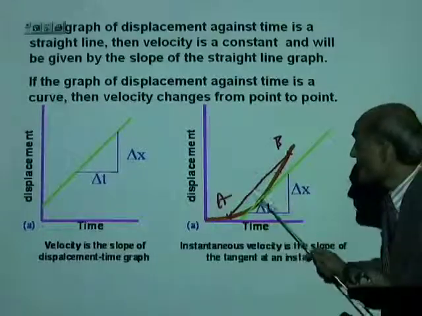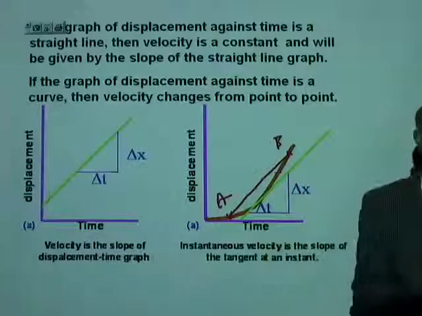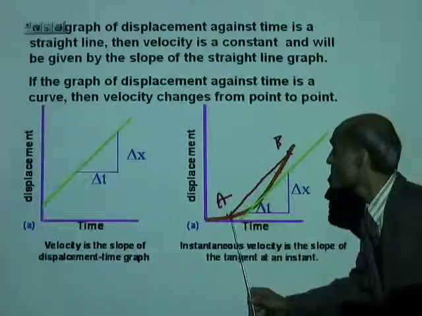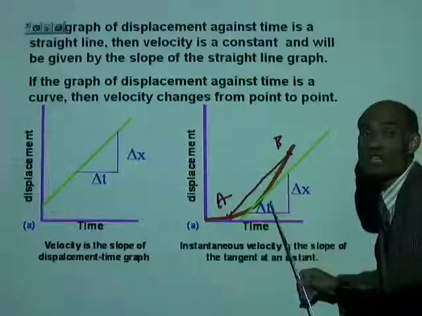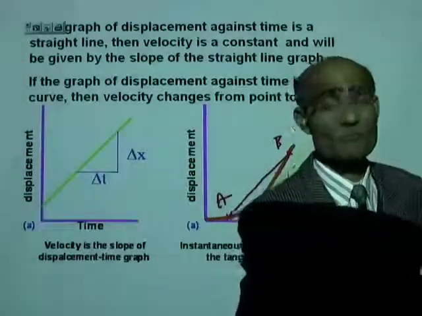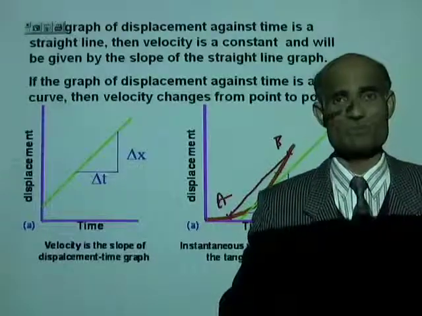You see that? Instantaneous velocity is the slope of the tangent line. Now understand the difference between average velocity and instantaneous velocity. Okay, I think we can now use these concepts to solve problems.